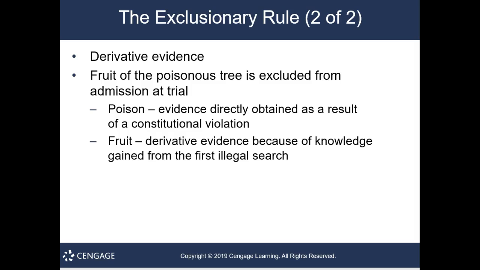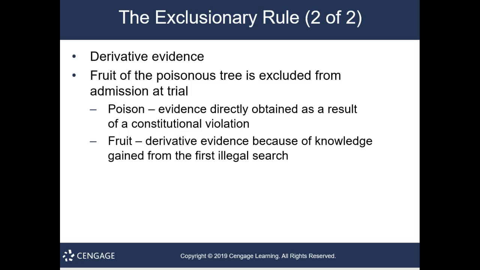Now, the next question here is derivative evidence. That means evidence that's derived from an illegal search. Let's assume for the moment that police go into someone's house. They do not have a search warrant. It's illegal for them to have gone in the house, which often it is, without a search warrant. They may find drugs in the house.